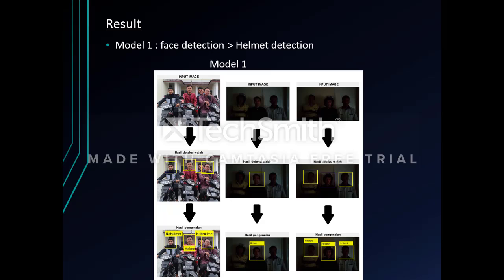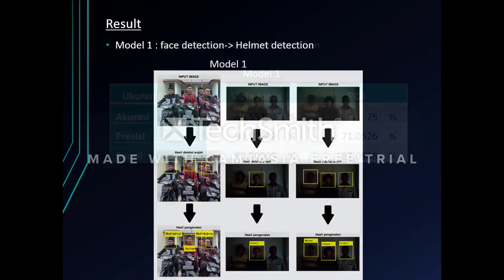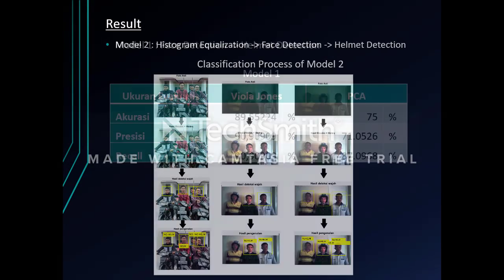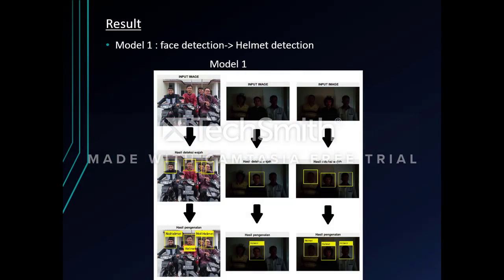And this is the result of model 1. This is the classification process of the first model. This is the face detection and helmet detection without any improvement method, I mean, without another method.